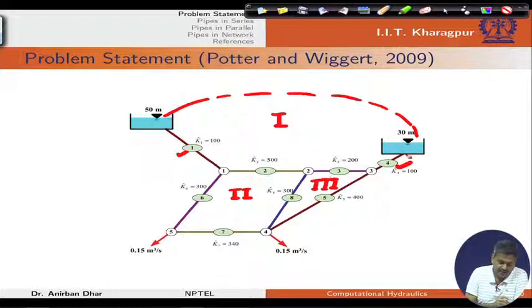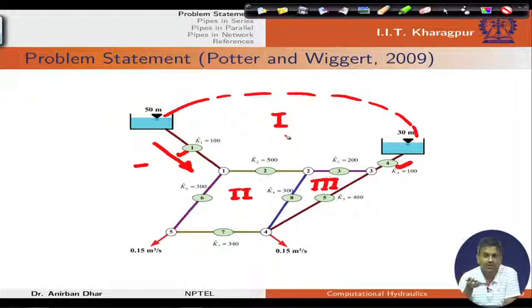So, in this case if we consider our initial discharge in this direction from the tank towards this network, obviously this discharge is negative, because for loop 1 we are considering a negative direction or counterclockwise direction.